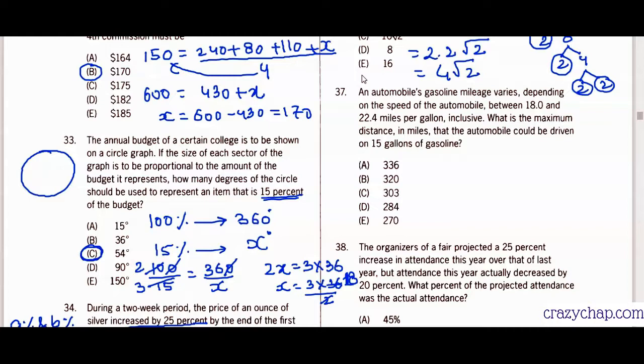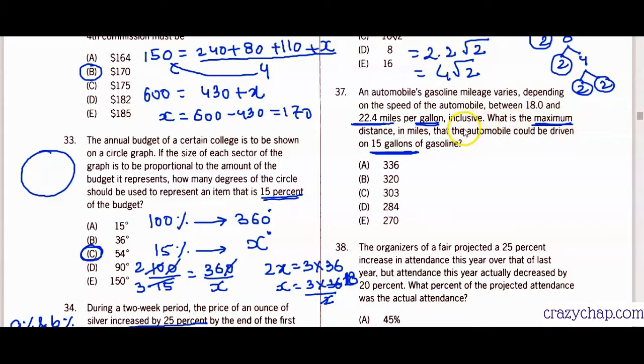An automobile's gasoline mileage varies depending on the speed of the automobile between 18 and 22.4 miles per gallon. What is the maximum distance in miles that the automobile could be driven on 15 gallons of gasoline? So if we have 15 gallons of gasoline, what is the maximum distance traveled?